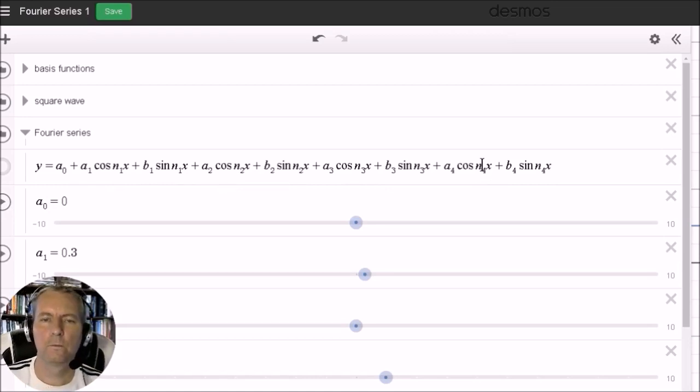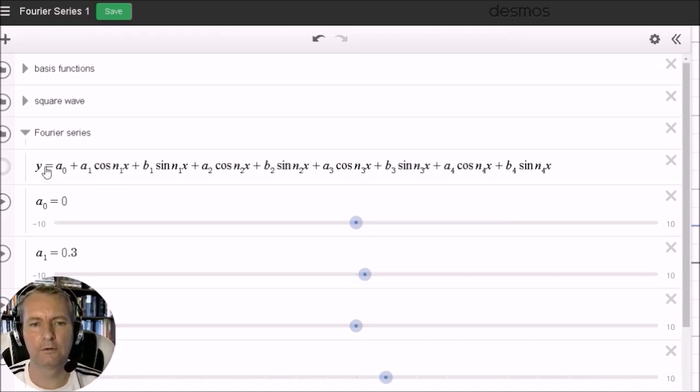Whenever we did the Taylor series, we noticed that, say, for the first 12 terms, we would be looking for 12 values. So we'd be looking for our A1, A2, A3 up to A12. But in this case, we've got a lot more variables that we can play with. We're looking at, in effect, the first 5 terms.